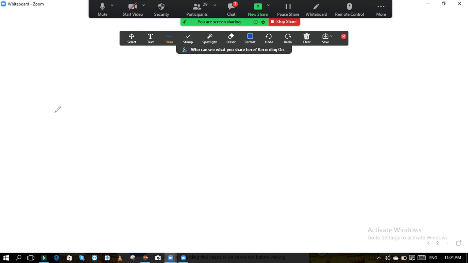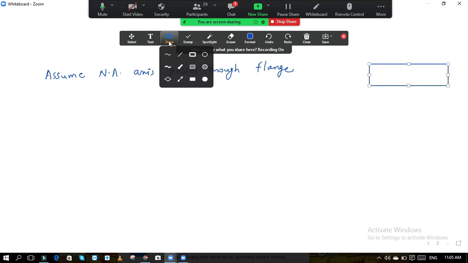So I will write here: assume neutral axis passes through flange. What I have assumed is that, suppose this is the flange.